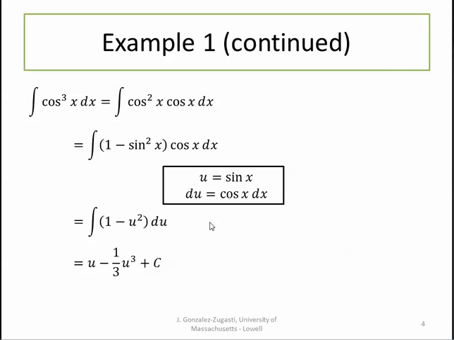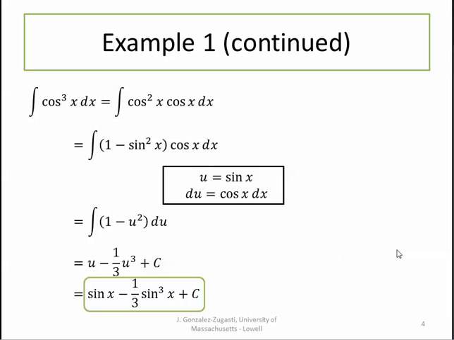And now substituting u back in, we get that the integral of cosine cubed x is equal to sine x minus 1/3 sine cubed x plus our constant c. So this trick here, where we peeled off even powers of cosine, is going to show up again.